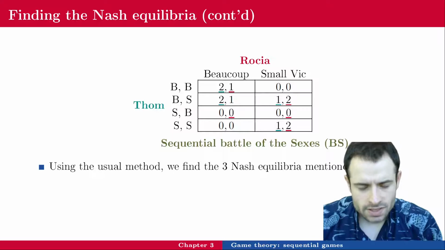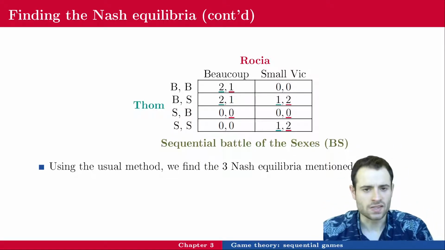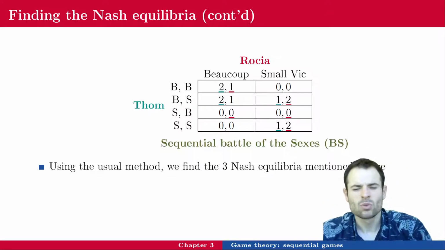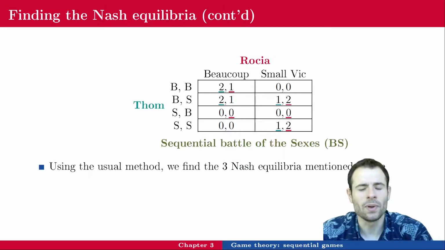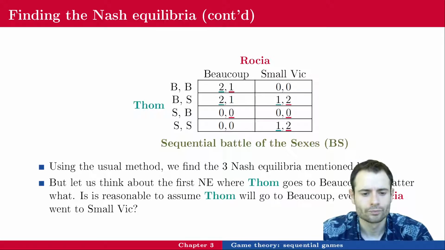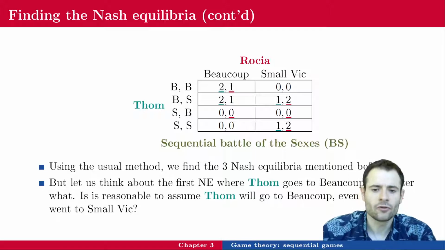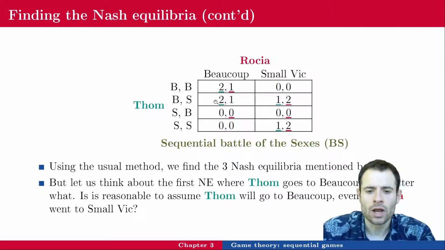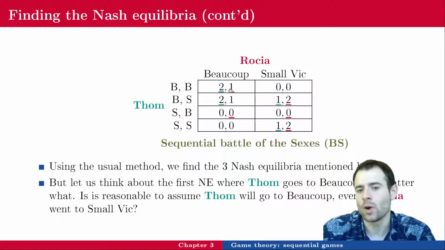Now, let's think about this for a minute, because yes, we found the Nash equilibria, but one of them at least is debatable. Think about the first Nash equilibrium where Tom goes to beaucoup no matter what.